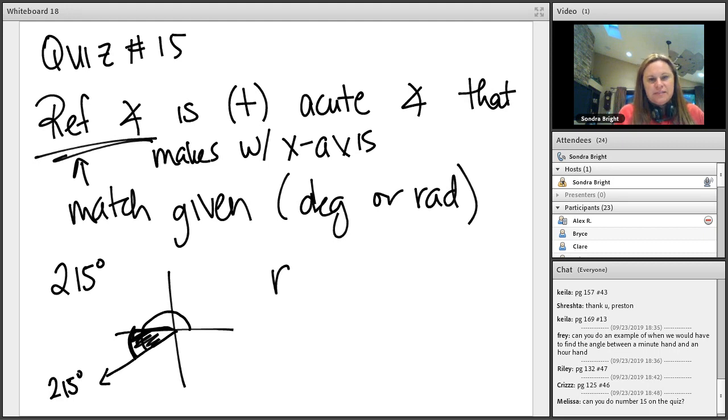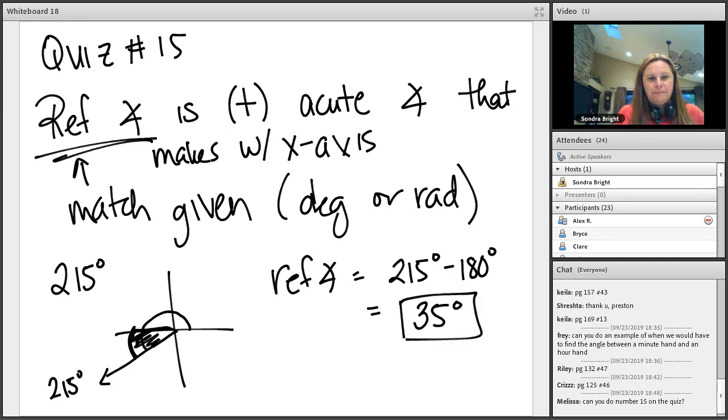And so your reference angle will be 215 degrees minus 180 degrees, which gives you 35 degrees. So number 16, it's in radians, and your answer should have been pi over 6. You have to give a radian answer, not a degree answer.